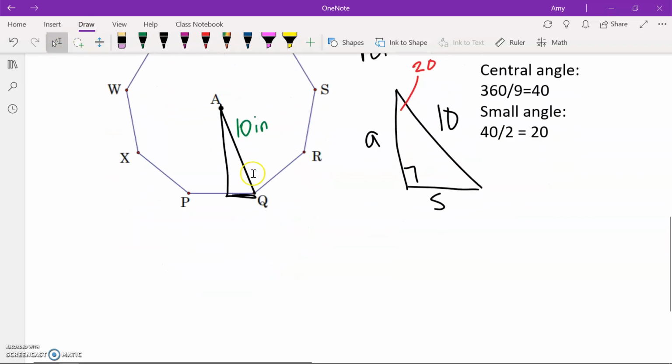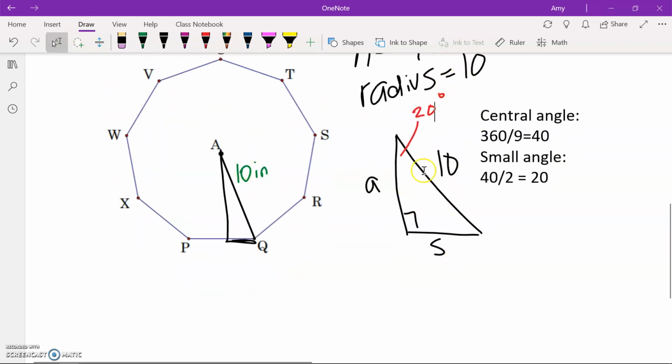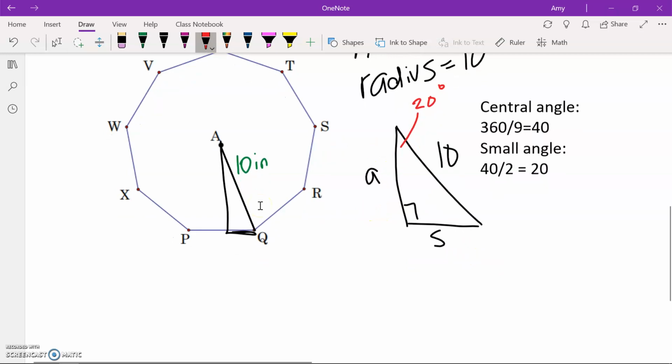Now that we know that angle, we can use trig to evaluate the apothem and the side length. So if I look at my apothem and side length, I know this is my adjacent side, this is my opposite, and this is my hypotenuse because I'm using the 20-degree angle as my reference angle.